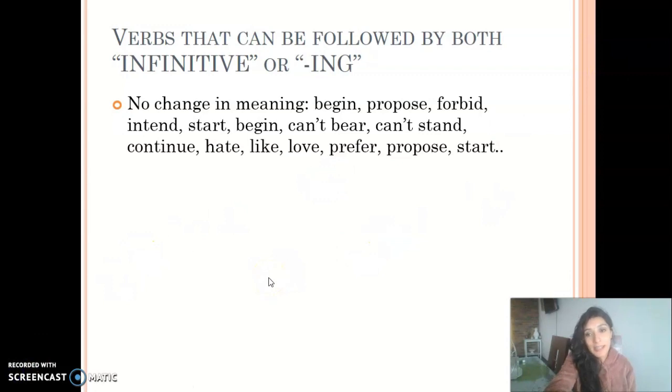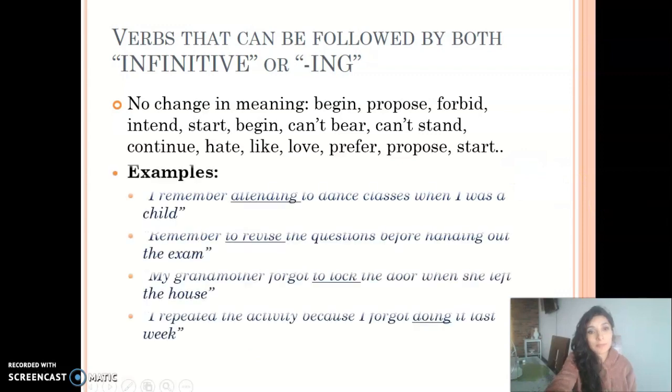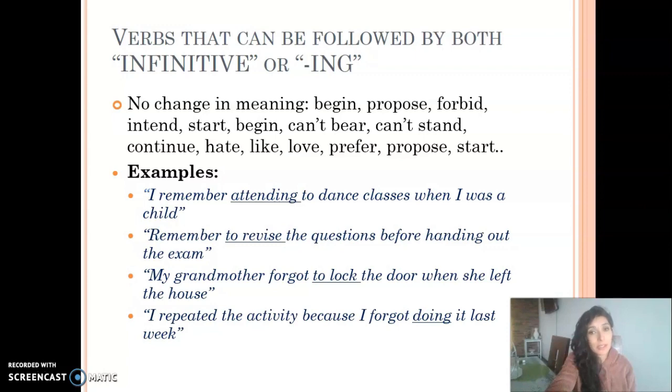Now, in order to understand better, I'm going to present you some examples that will help us figure out why the meaning is the same if we use infinitives or gerunds after these verbs. In the first example we have: I remember attending to dance classes when I was a child.